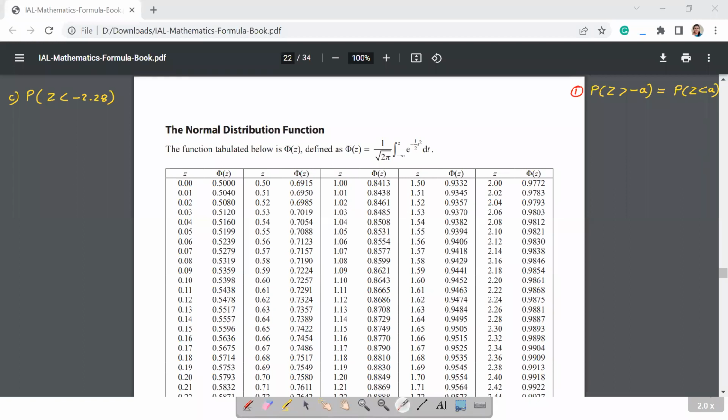All right, guys, so continuing with the rest of the question, the probability Z is less than minus 2.28. First thing, draw a diagram. One of the main challenges in these questions is dealing with negative values because your table doesn't have negative Z values. So first thing, you mark the mean 0, and you mark minus 2.28.